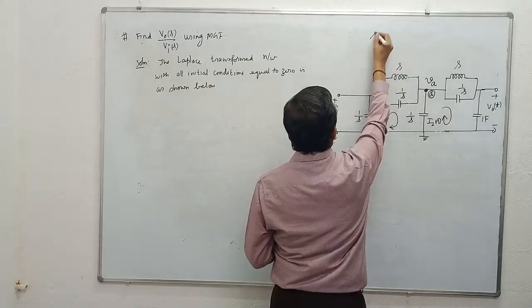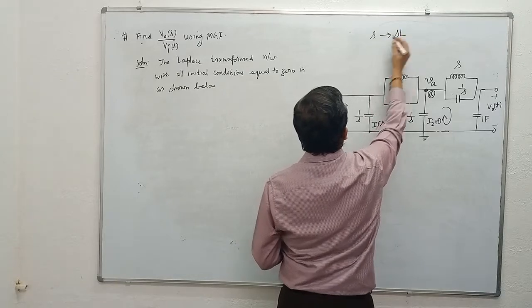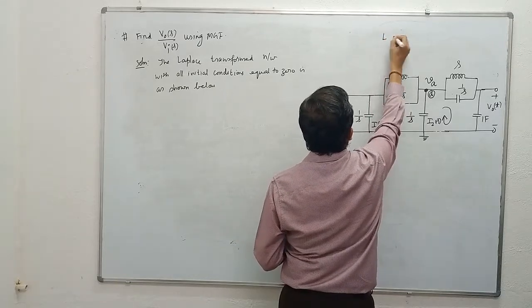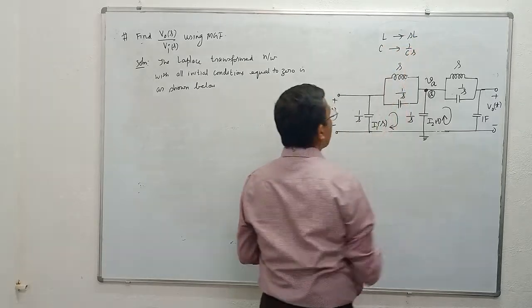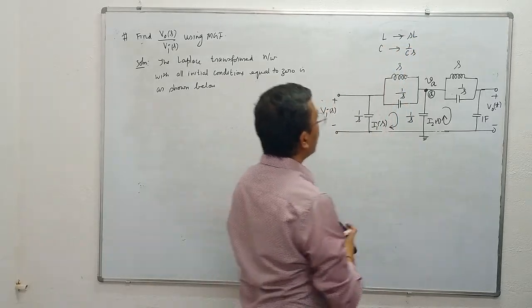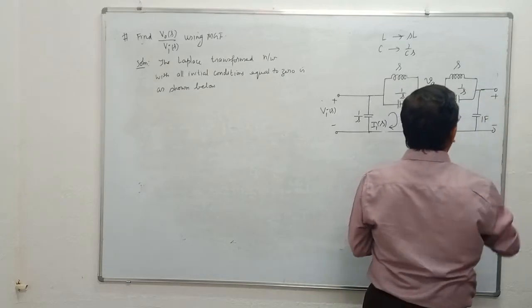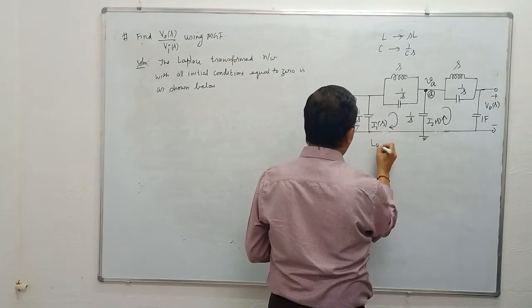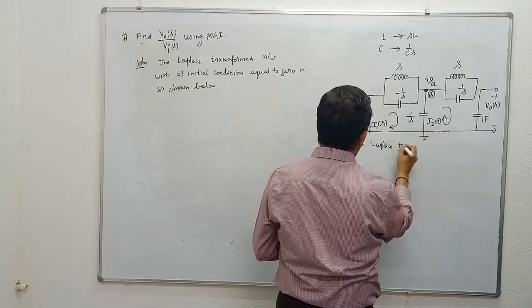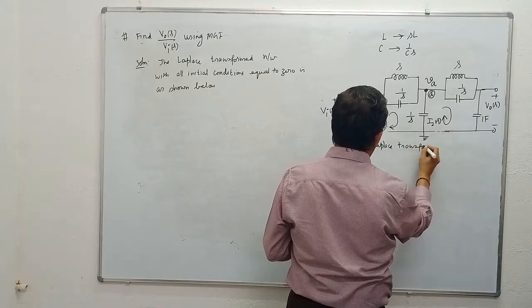R will not change, L will change to SL, C will change to 1 by Cs. V naught of t becomes V naught of S. This is the Laplace transform network.